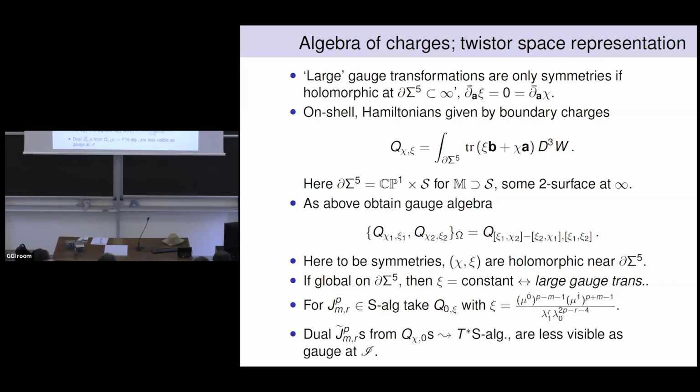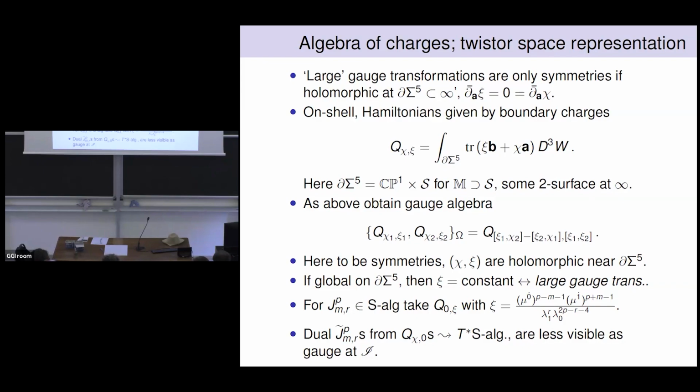So this boundary of what you might think of as the initial data surface on twistor space is now going to be related to some sphere at scri or spatial infinity times the Riemann sphere in twistor space. And so these will be integrated over a sphere in twistor space and so on.